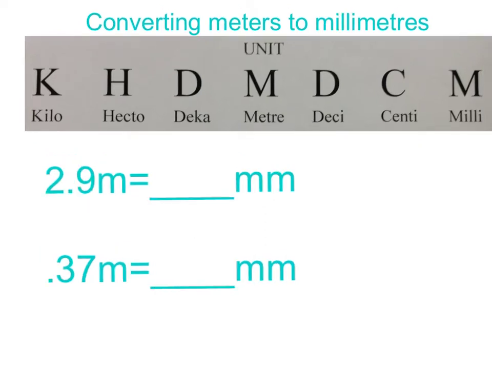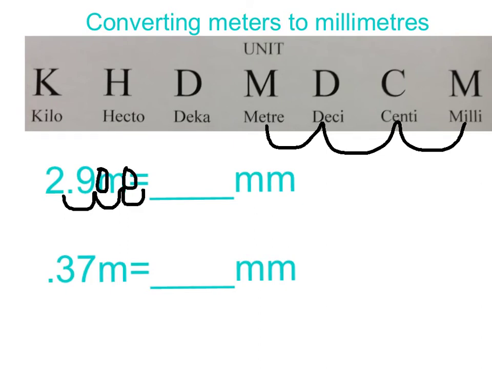Converting meters to millimeters. Now we're going to do the same converting as we did converting all the other units. So you go 1, 2, 3 places. That means we're going to move the decimal 3 places. So 1, 2, 3. And we'll put 2 zeros here. So that's 2,900 millimeters in 2.9 meters.